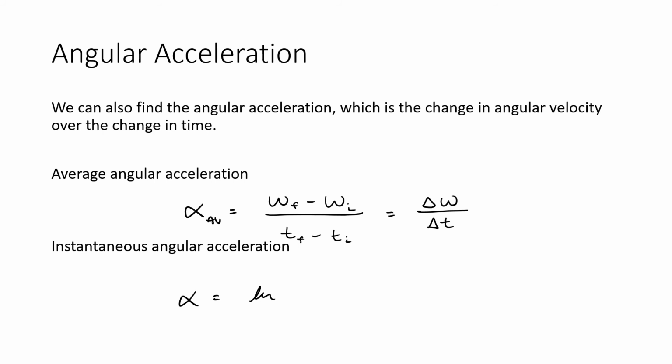I should make this more clear. Limit as t goes to 0. All right, so same exact thing, just slightly different symbols.